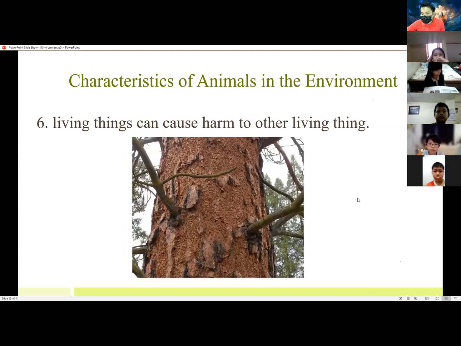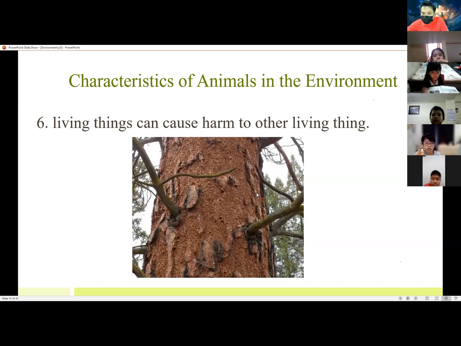Number 6, please read. Living things can cause harm to other living things. Some animals like aphids, a tiny insect, get nutrients from the plant.